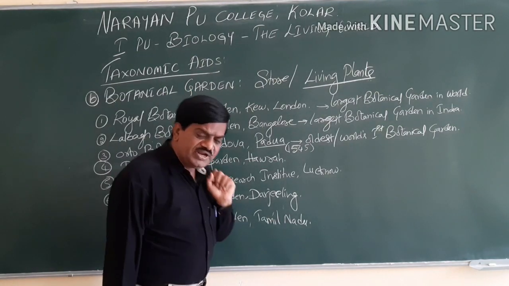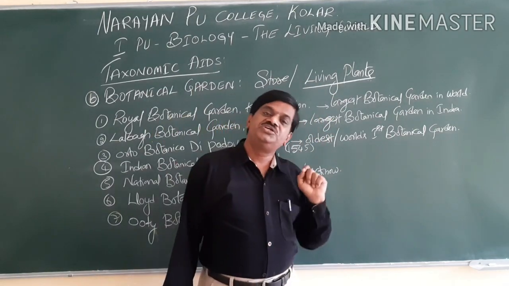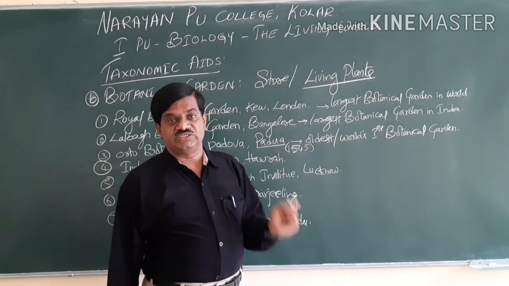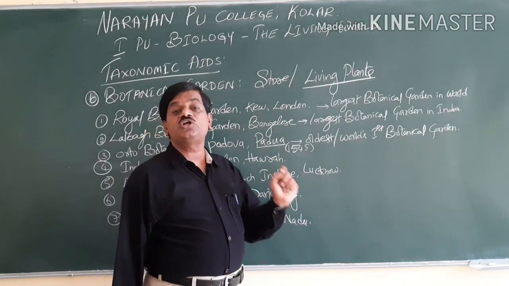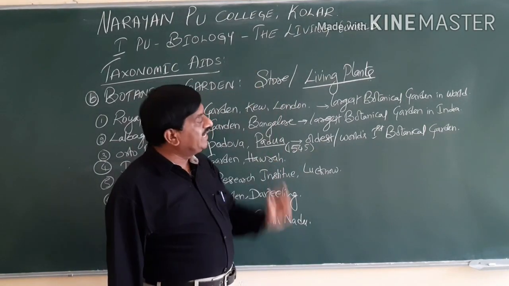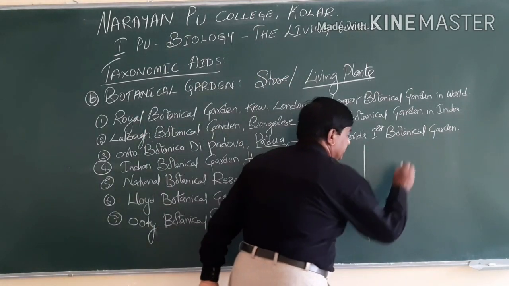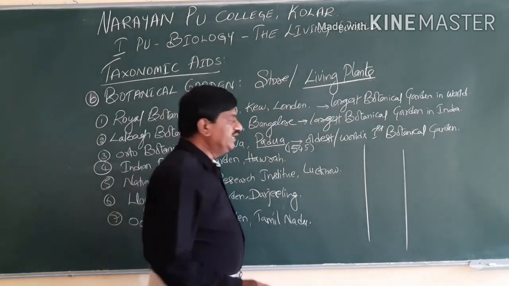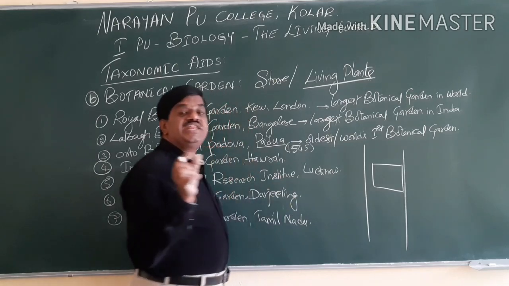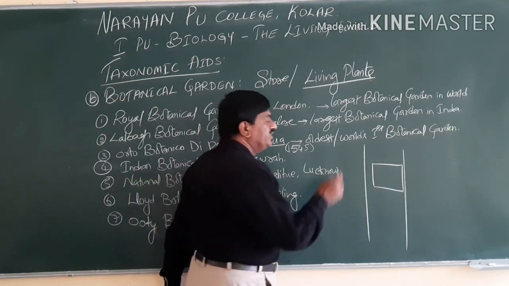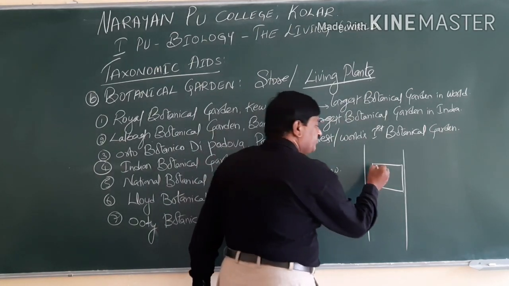Now, in a botanical garden, we know that various varieties of trees are grown, and on each plant or tree, the botanical classification and scientific details of the plant are mentioned. For example, on a tree trunk, a labeled iron sheet is placed where the complete details of the tree are given.